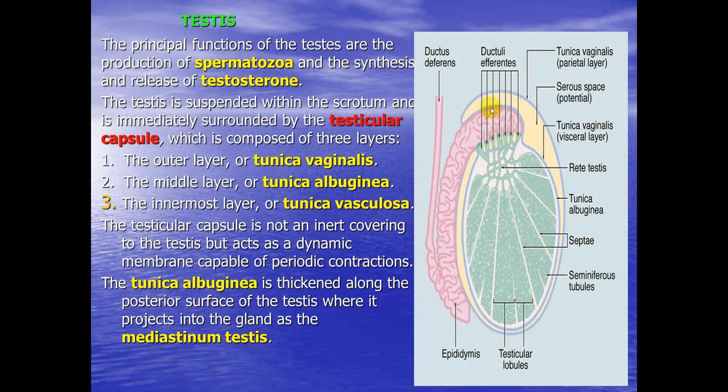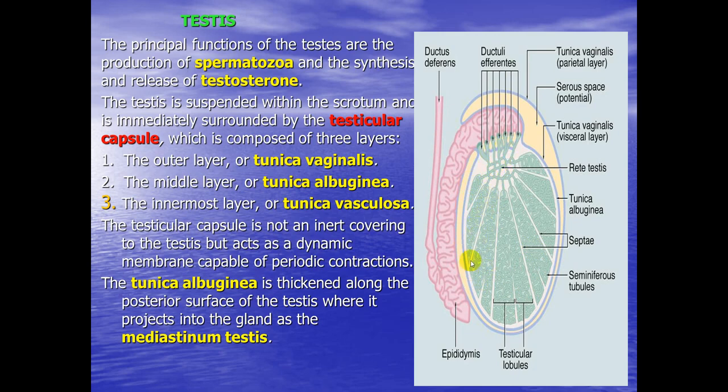The thickening of the tunica albuginea is the mediastinum of the testis. Also from this thickening start the connective tissue septa, which divide the organ into regular triangle-shaped or pyramid-shaped compartments or lobules.